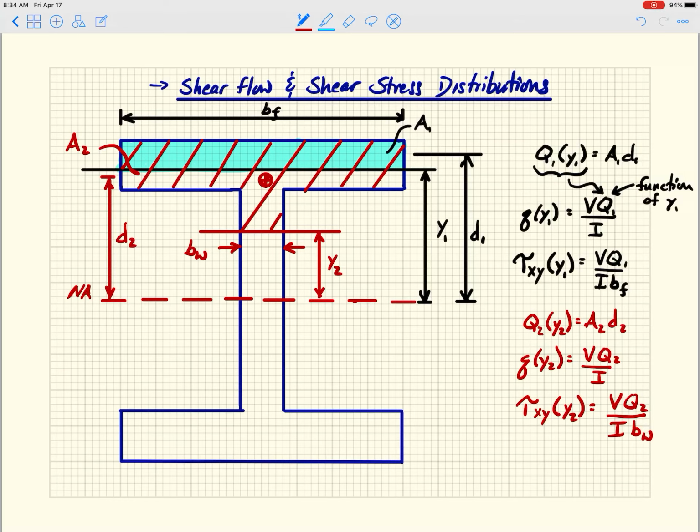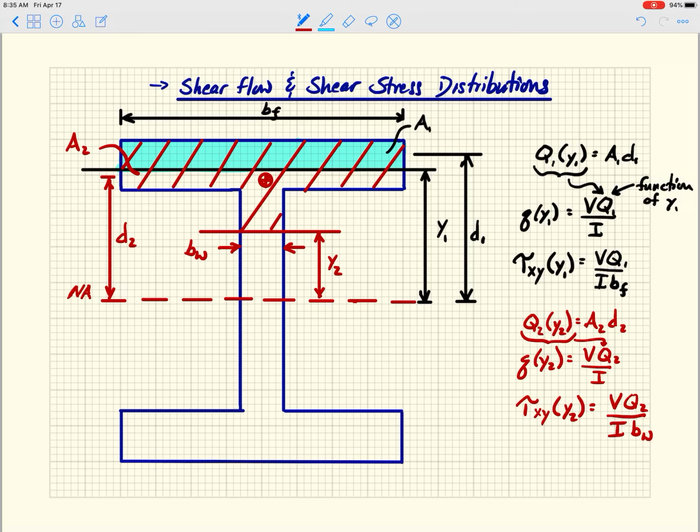Again, that's the second dimension that I need to divide it by. Shear flow is a force per length. I divide it by another length. In this case, it's the width of the beam, and that gives me a force per area. Right? So this guy Q here, let me just, for completeness, show that it's actually that Q right there.